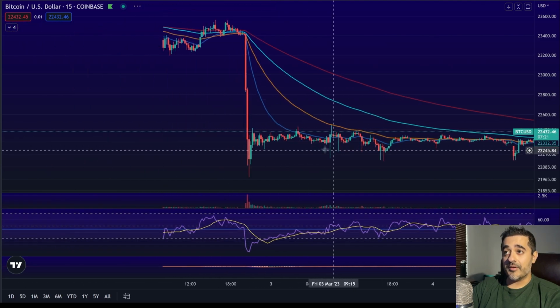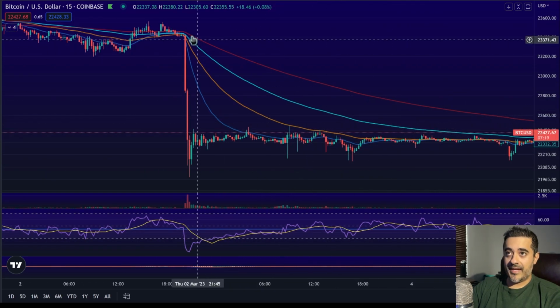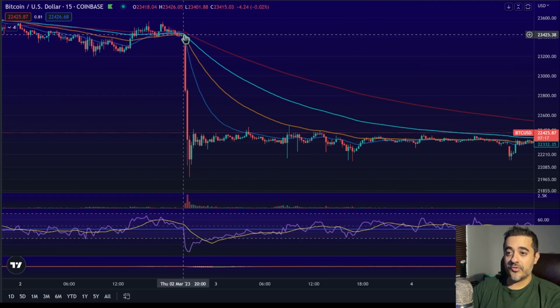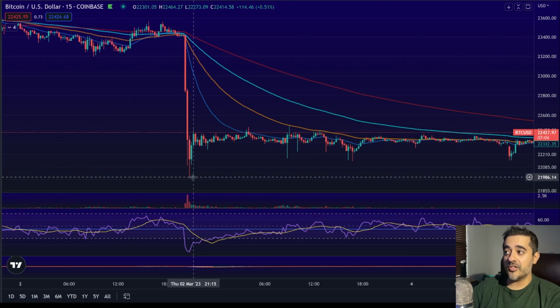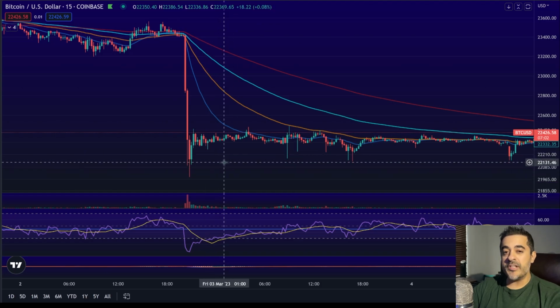You go back a little bit further, and now you really see what happened in two 15-minute candles. This was also earlier in the day, March the 2nd. You saw the drop from 23,400 all the way down to 22,000, right? A $1,400 drop, actually a little more than that, in about 45 minutes.